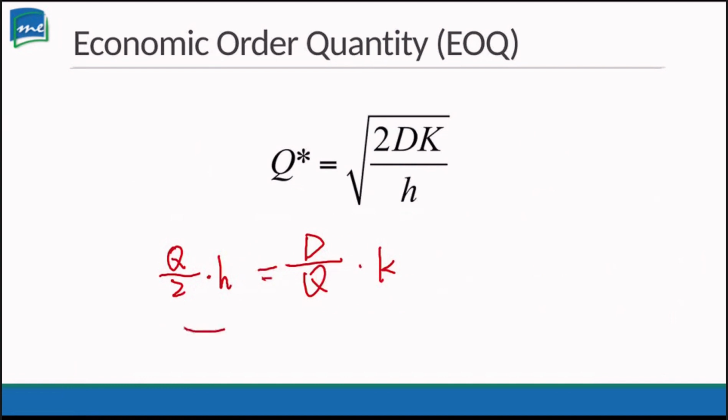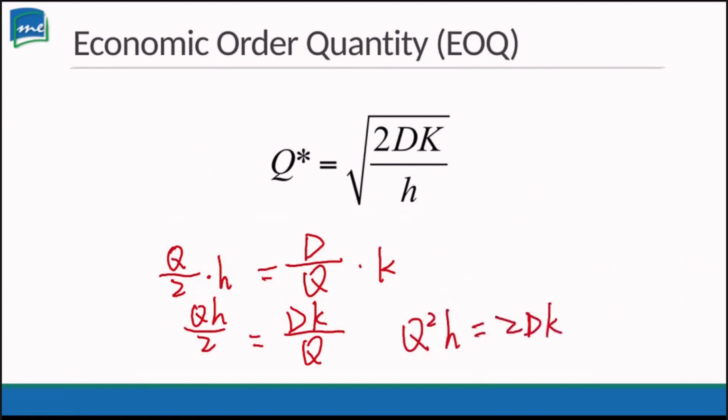So it equals Qh divided by 2 equals DK over Q. And then we move the Q to one side, so we have Q squared times small h equals 2DK, and we will have Q squared equals 2DK divided by h, and then Q equals the square root of 2DK divided by h.